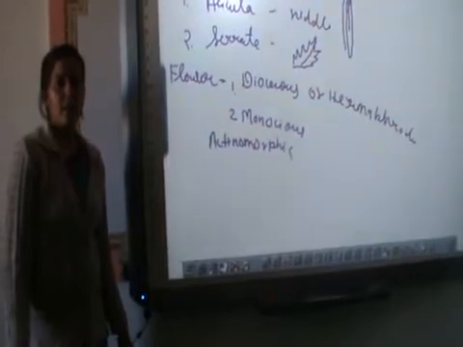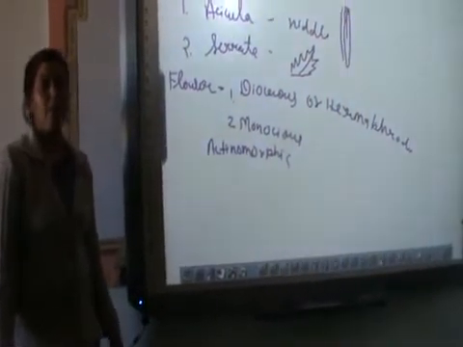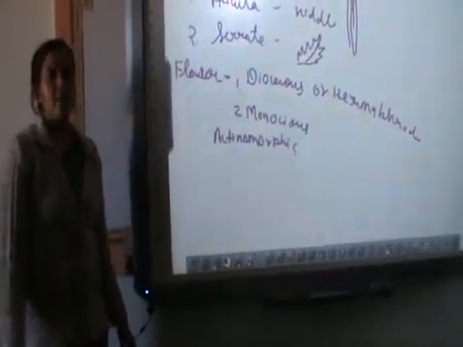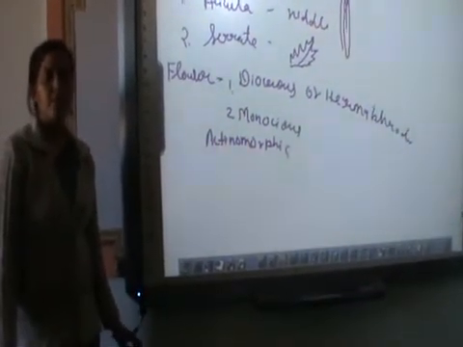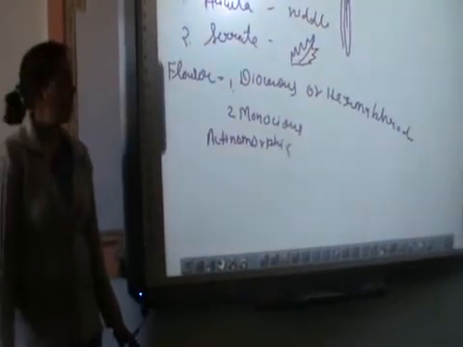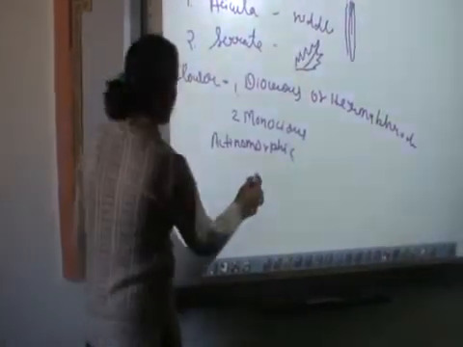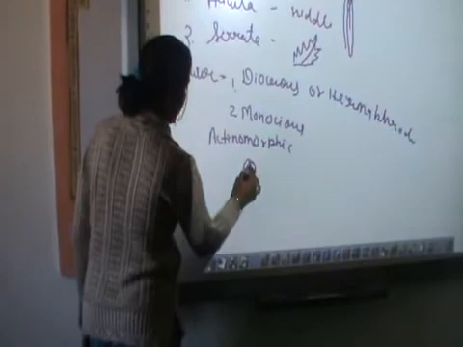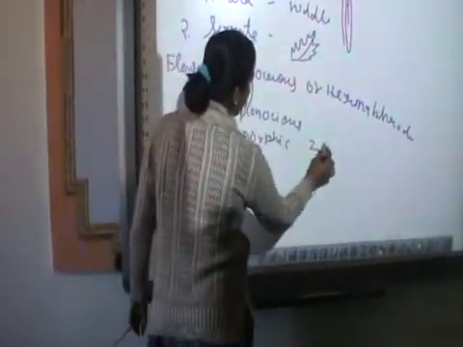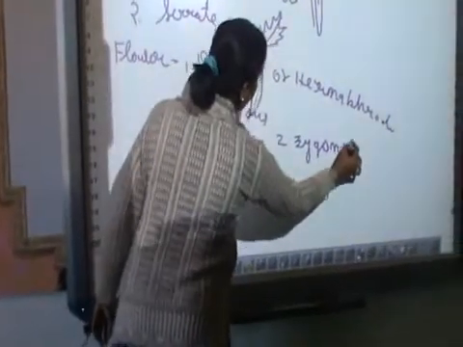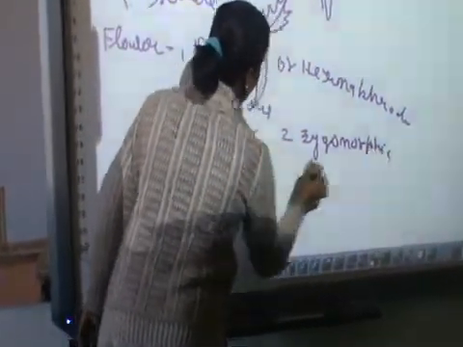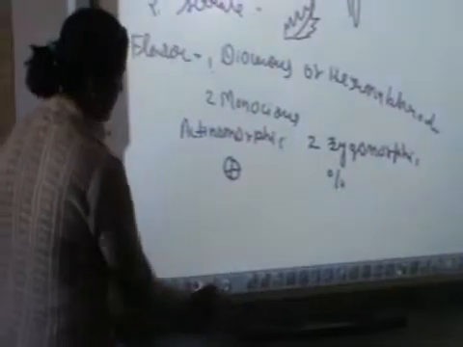If one flower part is absent, for example if calyx is absent in the flower, it is zygomorphic. Actinomorphic has a symbol like this, and zygomorphic has a symbol like this. Okay.